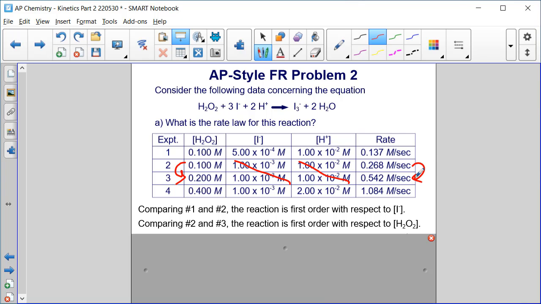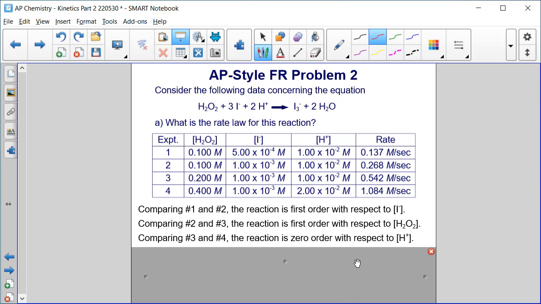We're doubling. Okay? So also first order with respect to H2O2. And now finally, comparing 3 and 4, the reaction is 0 order with respect to H+.